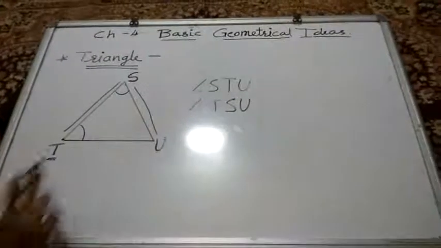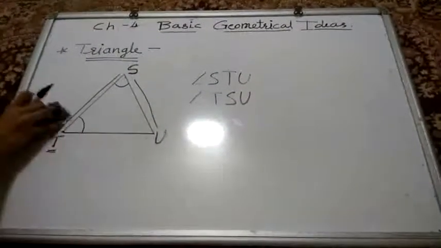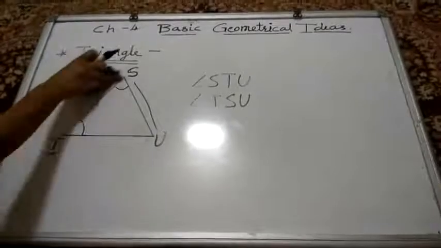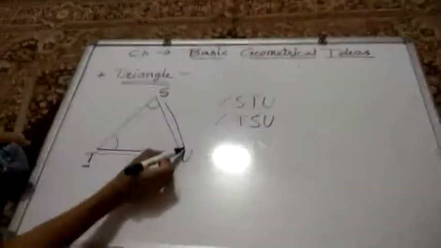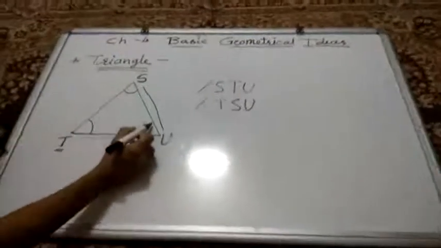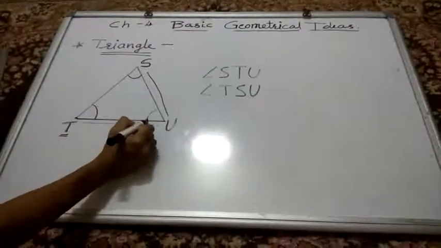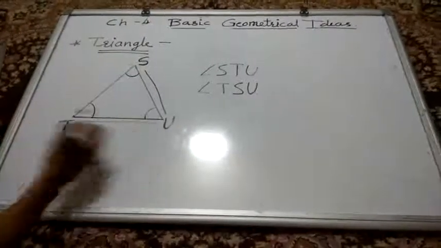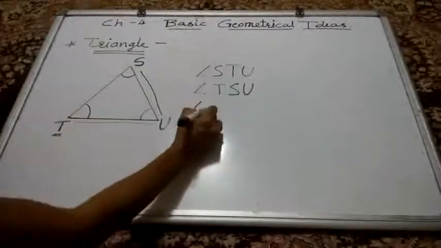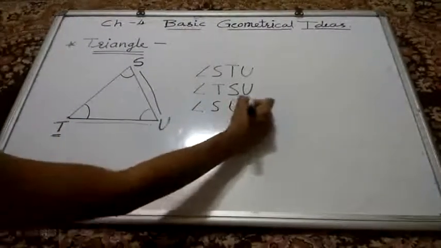Now the next one is line segment TU and line segment SU, where these two line segments meet, they make an angle, and we read this angle as angle SUT.